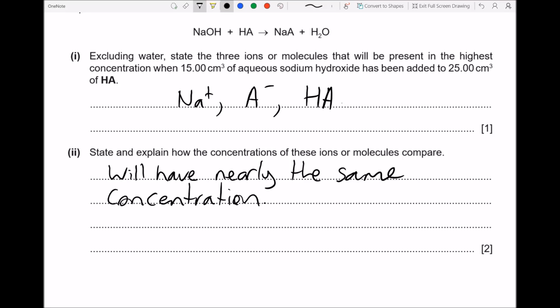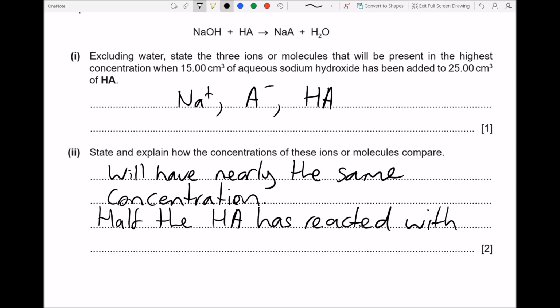And the reason why is because half the acid, which is HA, has reacted with sodium hydroxide.